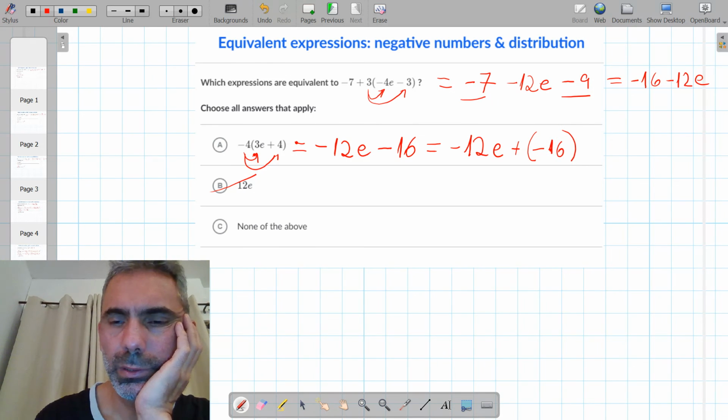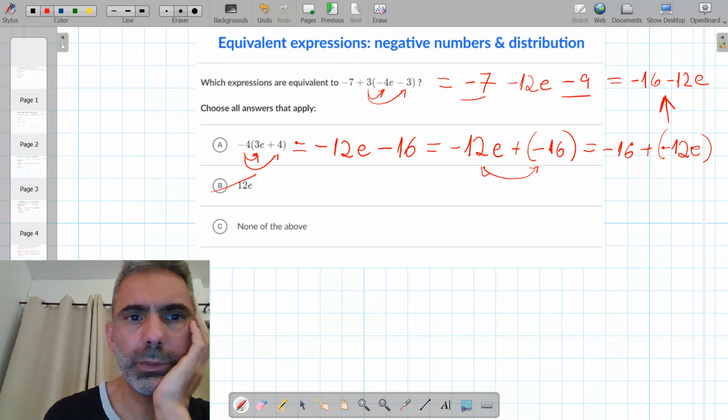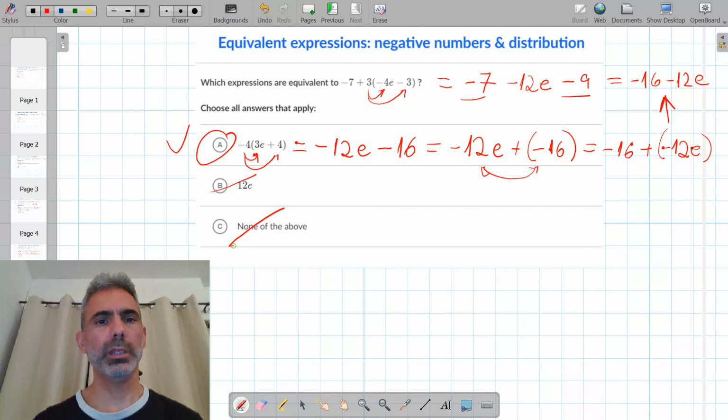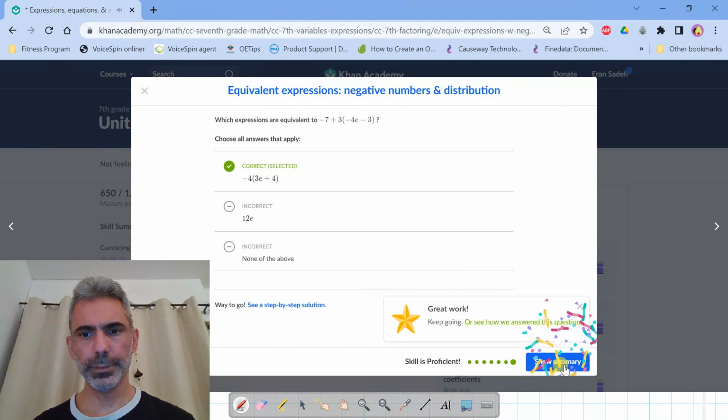And since when we are adding terms, we can apply the commutative property, which means we can change the order of the terms, and this will not affect the value. You can also write this as minus 16 plus negative 12e, which is the same as this. So A is correct, and C is incorrect because we found that A is correct. Good.